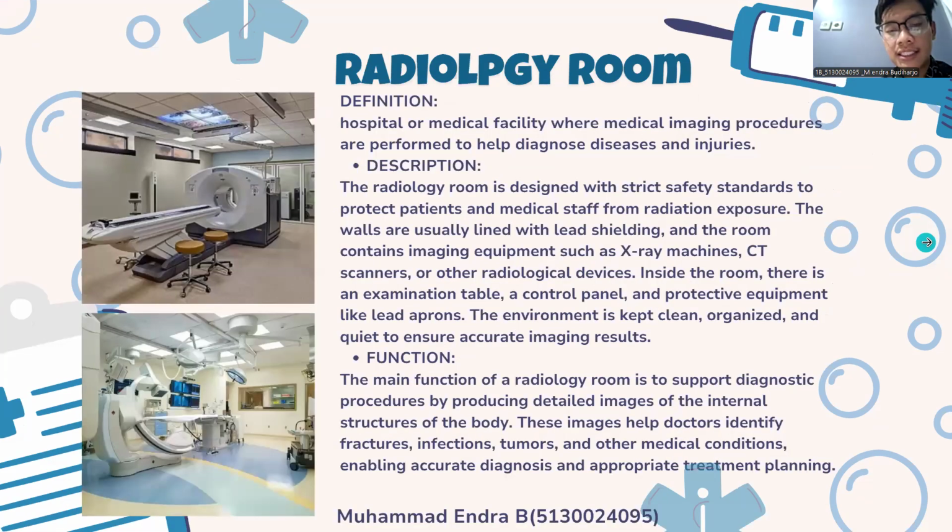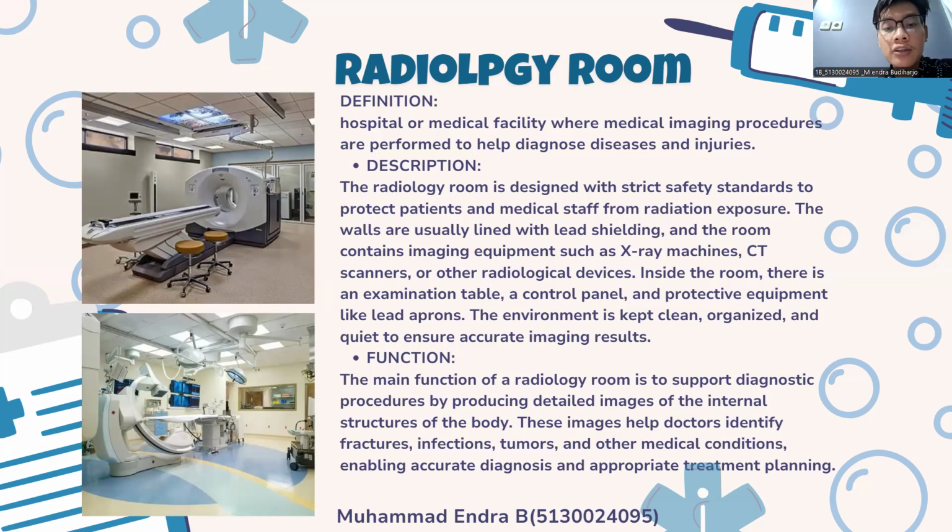All right, next slide. The third room is the radiology room. Definition: a hospital or medical facility area where medical imaging procedures are performed to help diagnose diseases and injuries. Description: the radiology room is designed with strict safety standards to protect patients and medical staff from radiation exposure.